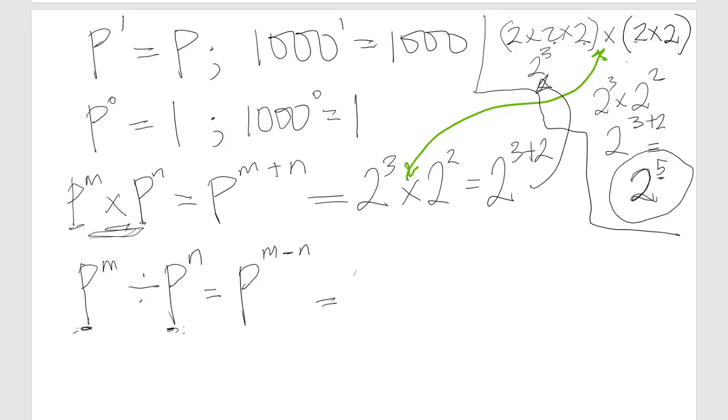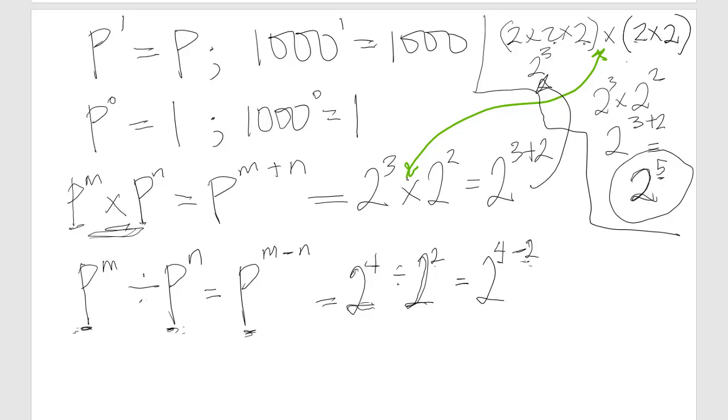So let's say you have 2 raised to power 4 divided by 2 raised to power 2. Following this law of indices, you should have 2 raised to power 4 minus 2. Remember, it's the powers you are dealing with, not the bases, not the numbers themselves. That's the indices we're dealing with. That's why it's called law of indices, not law of bases, not law of numbers.